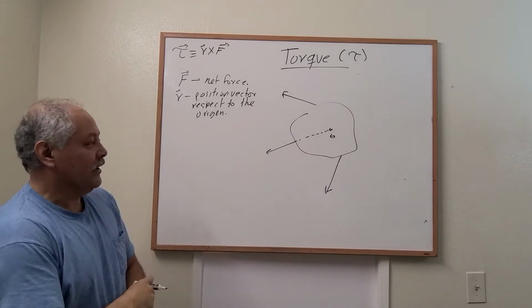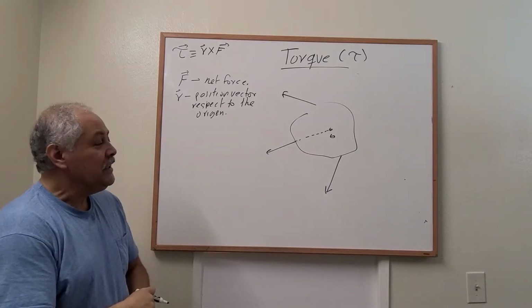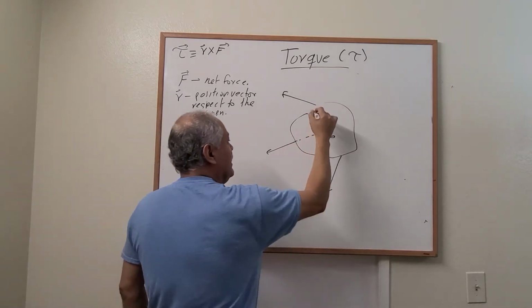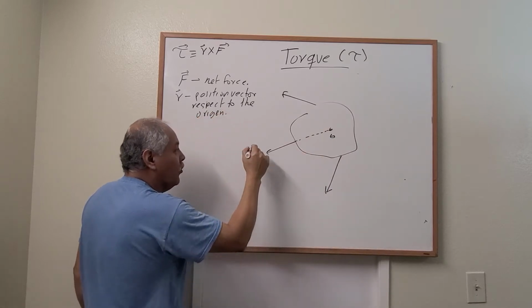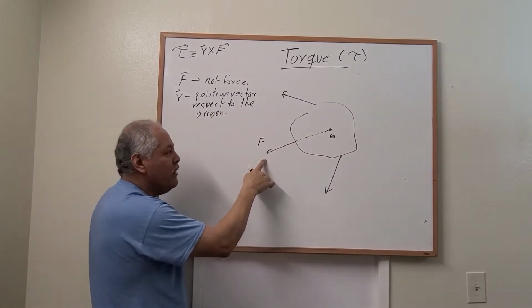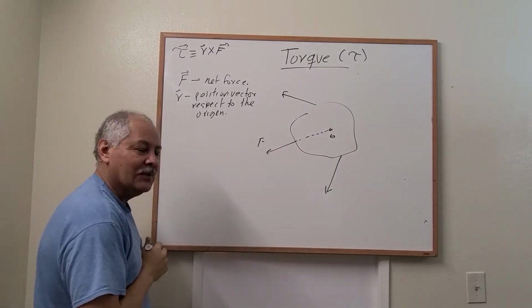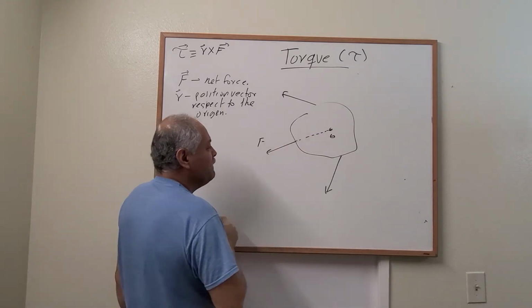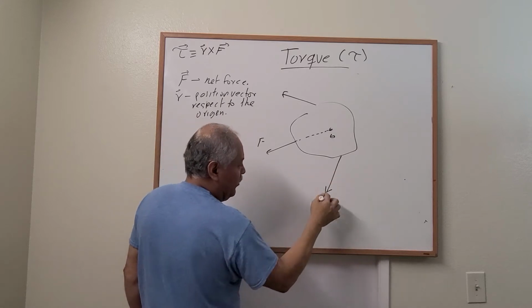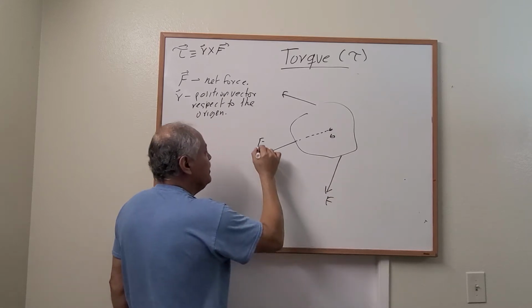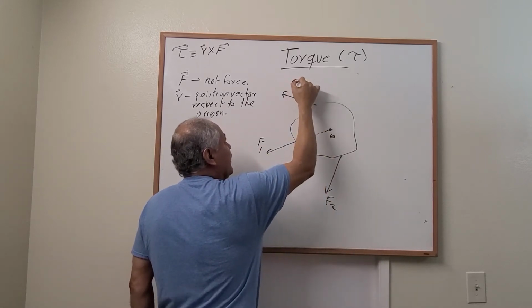What should be the torque created on this object? Well, this force creates no torque. Why? Because it is in the direction of the axis of rotation, correct? Now, what about this force? Let's call them F1, F2, and F3.